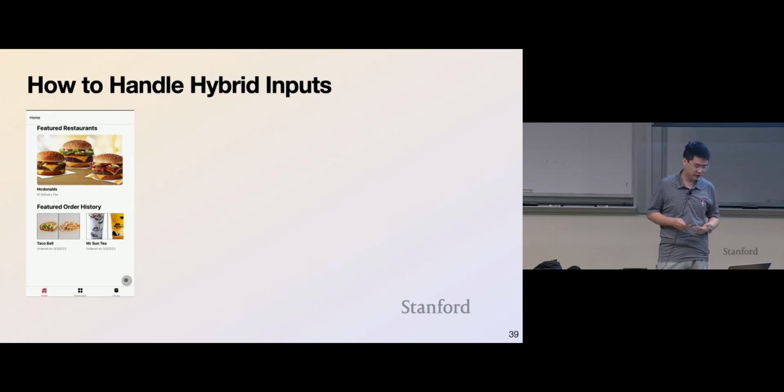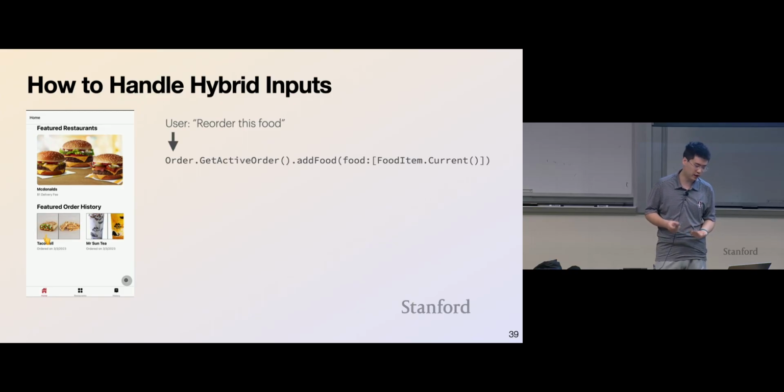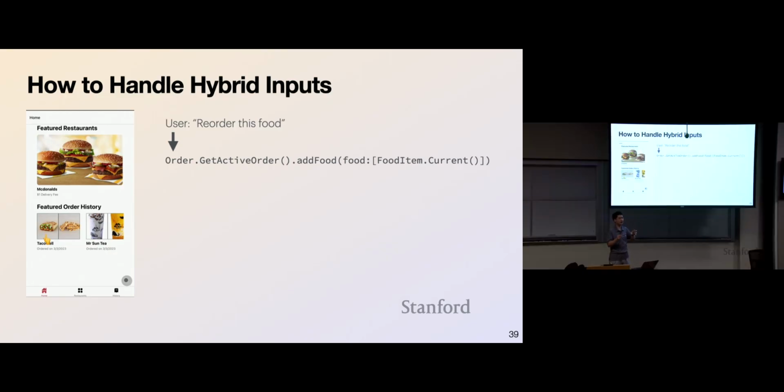If the user clicks on the screen and says, reorder this food, then we first use the semantic parser to parse it into our NLPL language. Here, there is a special function we inserted for every single class called current. Current is whatever object the user is referring to.